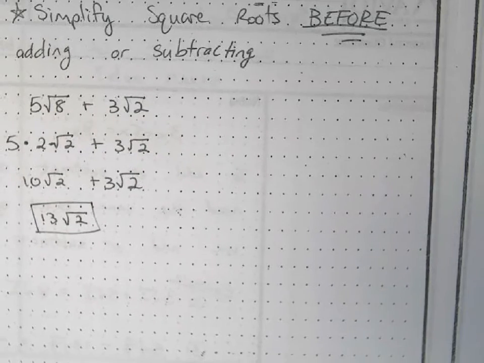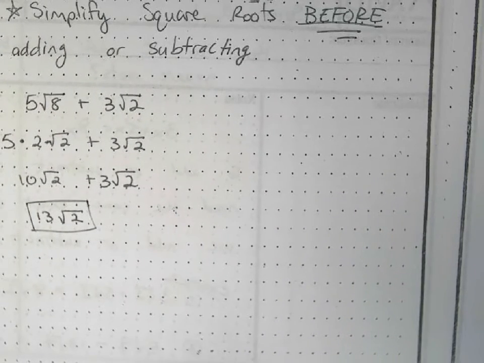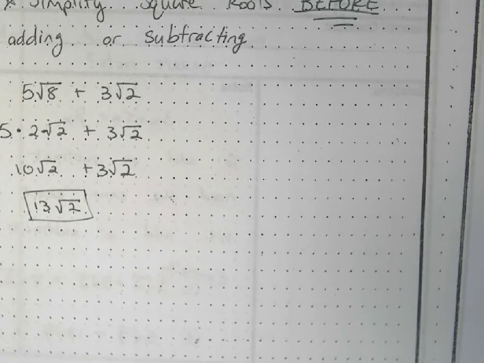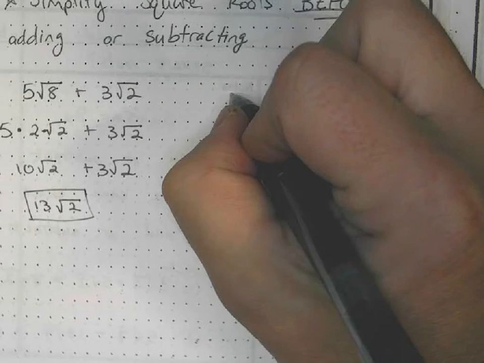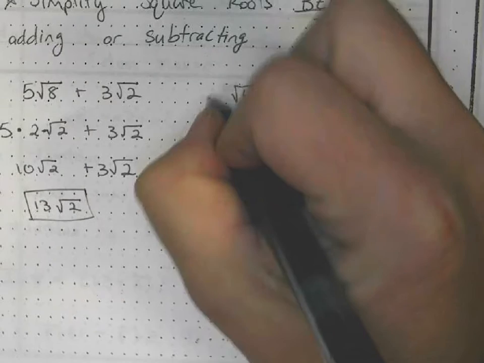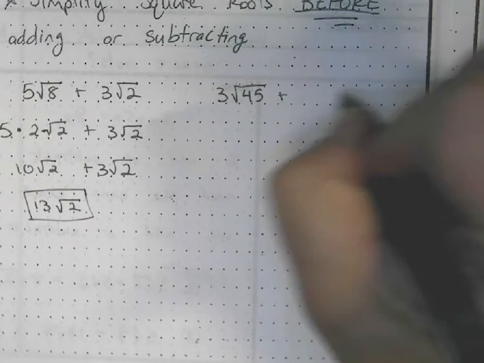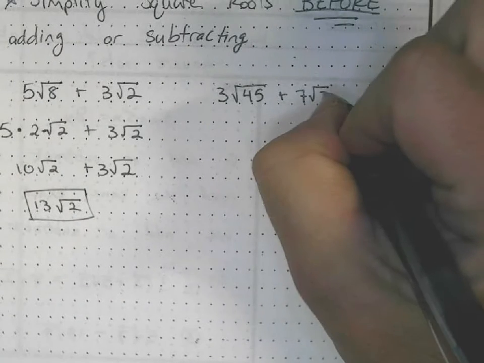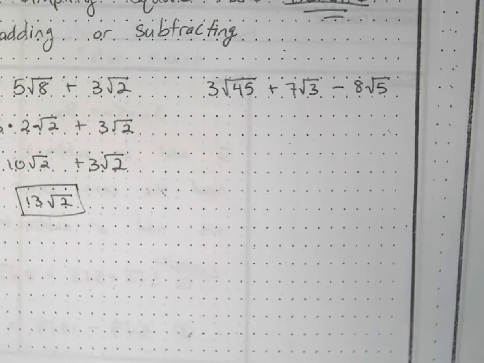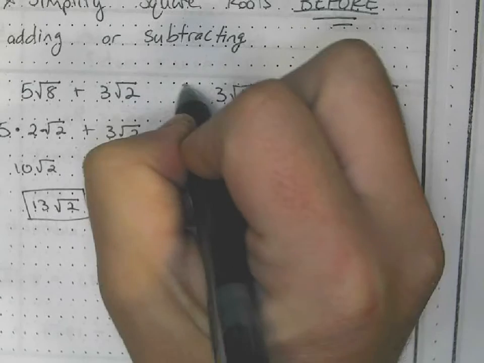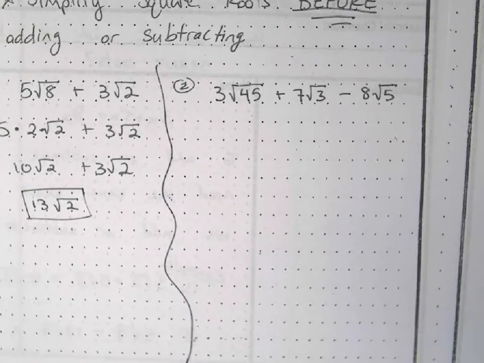So let's look at root 45. So we can do 3 root 45 plus 7 root 3 minus 8 root 5. That's my second example.